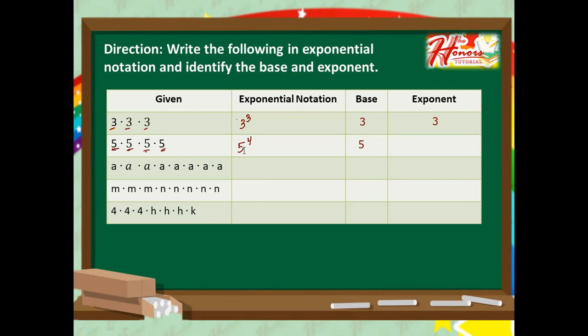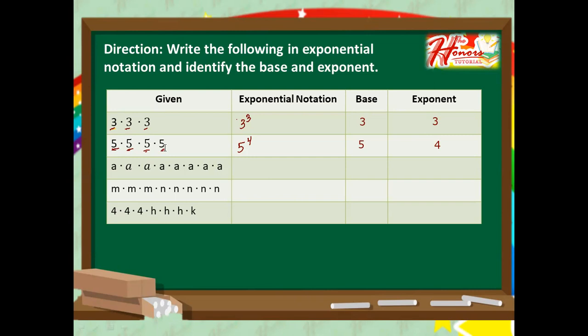And then the exponent is the smaller number. Smaller in the means of writing it. Exponent is 4. Exponent is telling us how many times we multiply the base. So that is 1, 2, 3, 4.